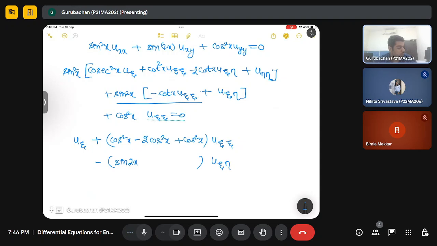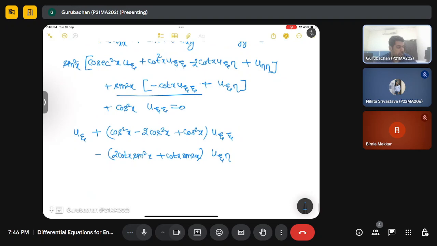Okay. So the next expression is minus 2 cot x sine square x plus cot x sine 2x.